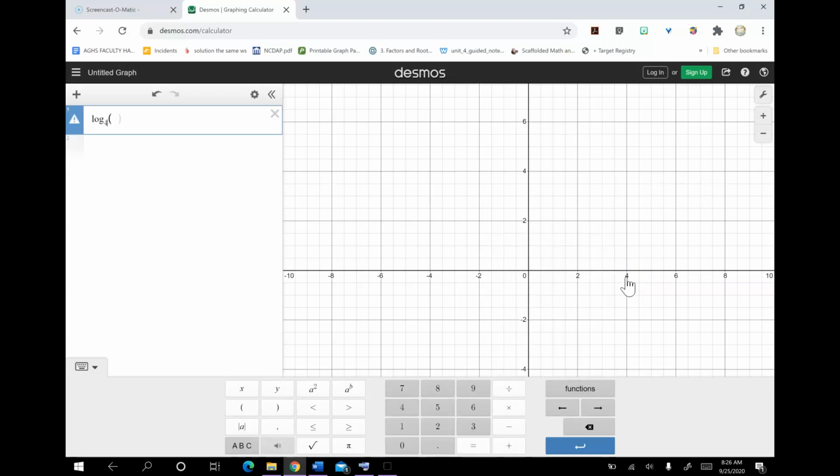So log base 4. And then we plugged in the negative 8, and then it was minus 6. Looky there. It says undefined, which means no solution. You can put undefined too. I think our Delta Math does undefined. So Desmos even lets you know that it doesn't work, okay? So moral of the story is you cannot take the log of a negative number.